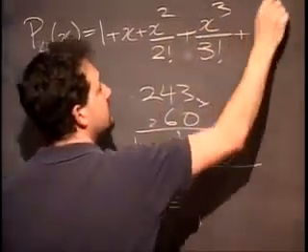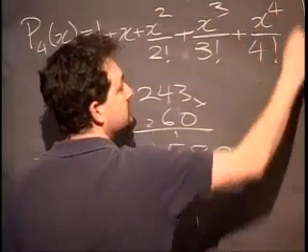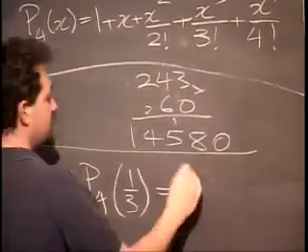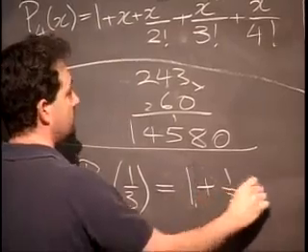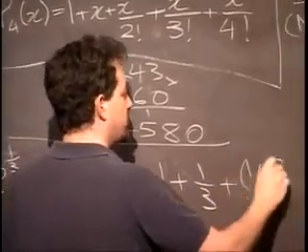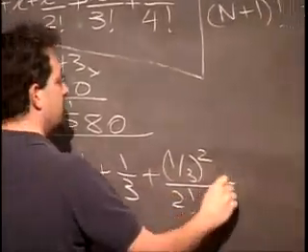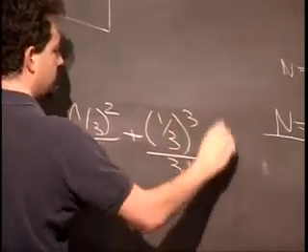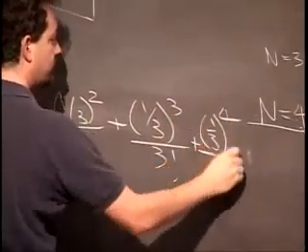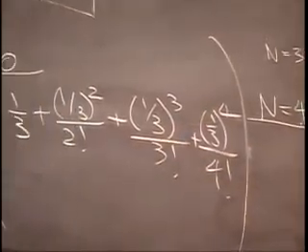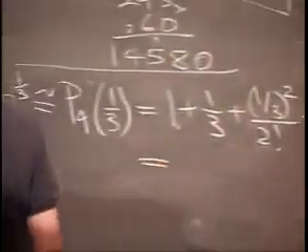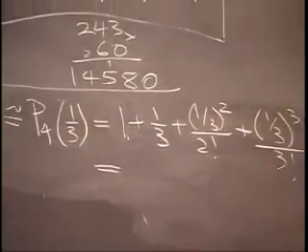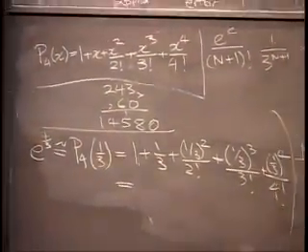We don't need to reinvent the wheel here. So when I plug in a third into this, I get 1 plus a third, plus (a third) squared over 2 factorial, plus (a third) cubed over 3 factorial, plus (a third) to the fourth over 4 factorial. And you can work this out, and I did once upon a time. It's not that bad. What does it work out to be?